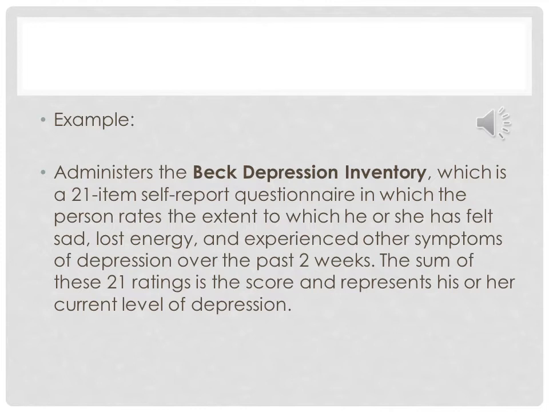The sum of these items is given as a score, and this score represents the level of depression of that individual. So from that we understand that it is a numerical score, and that gives the level of depression. That is one example of measurement using an inventory, the Beck Depression Inventory.